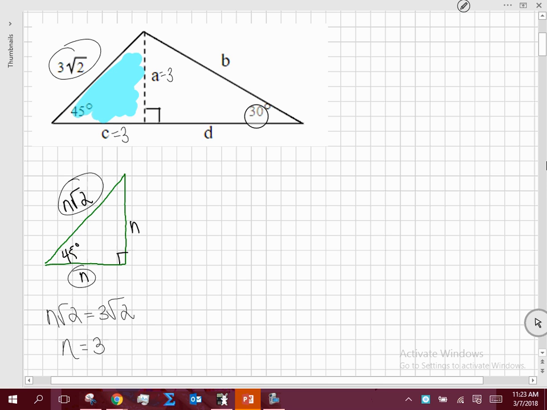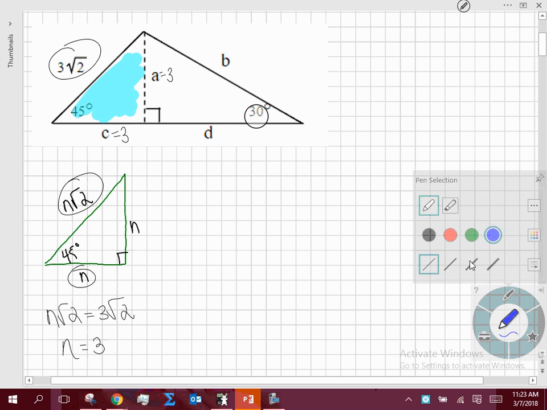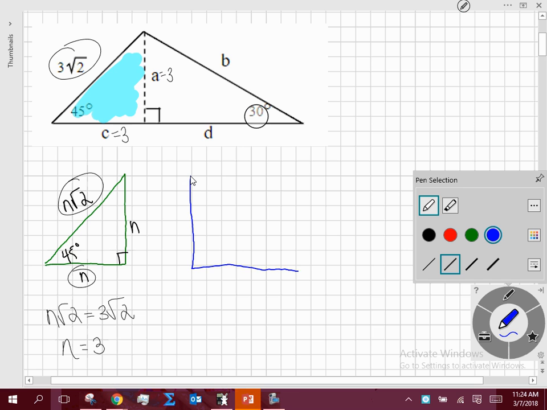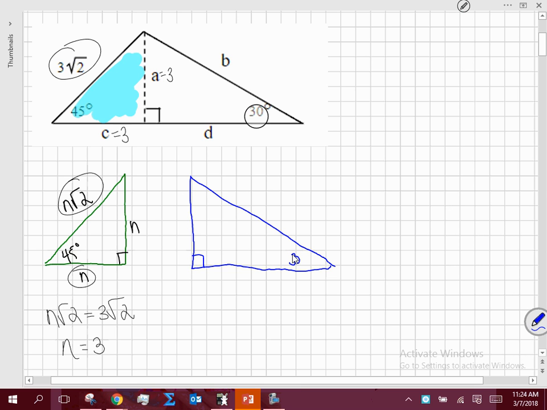Okay. So once I'm in that triangle on the right, now I'm going to draw my template for a 30, 60, 90. And I'm going to try to draw so that it's congruent to the 30, 60, 90 in my picture. That's 30, that's 60, obviously my 90.